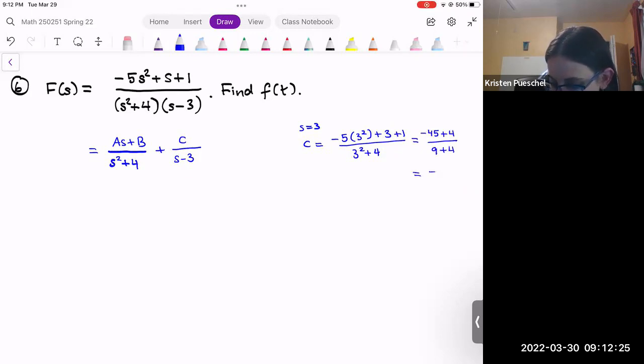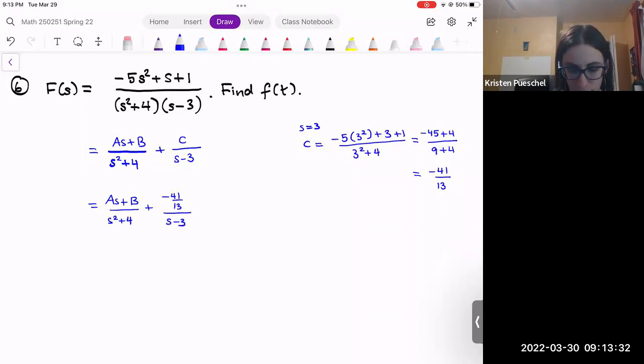Okay, so this is -41 over 13. All right, and so we can write this as as plus b over s squared plus 4. And then a slightly ugly term here, we have plus -41 over 13, all divided by s minus 3.